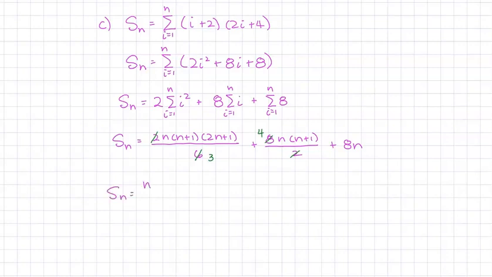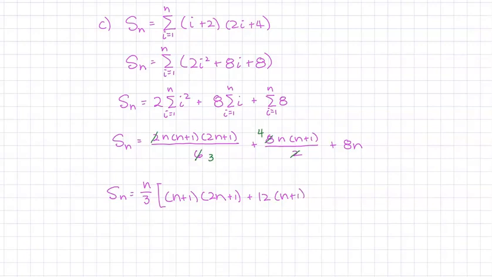So I can factor out an n there. My least common multiple from the bottom is a 3. So I'm going to have n plus 1, 2n plus 1 from the first fraction. And then I'm going to have a 12, n plus 1.